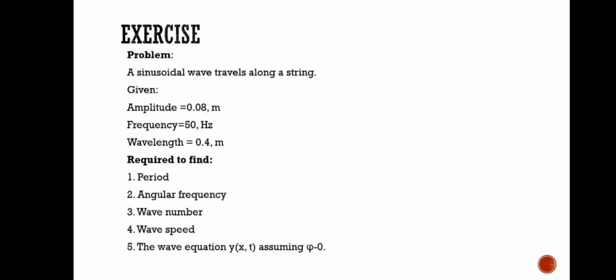They're required to find the period, angular frequency, wave number, wave speed, and lastly, the wave equation. Or we can assume it as a phase. Phase always starts at zero, or what we call the origin. That is why its value is always zero, but not necessarily always zero if it has a given. It depends on the problem.